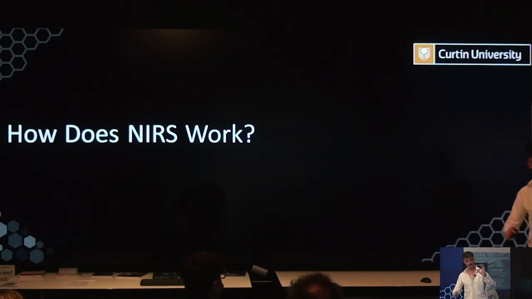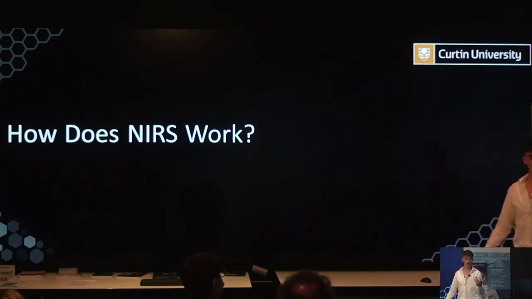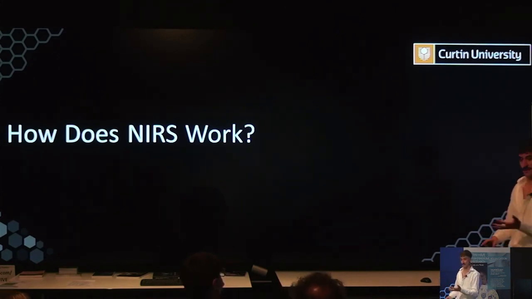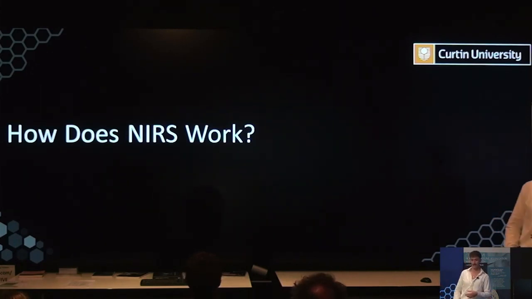Each one of these being tuned to be absorbed by either oxygenated or deoxygenated hemoglobin. So that allows us to track the changes of oxygenation within the blood, which of course changes as a result of mental workload. So we can actually take a look into brain activity through the lens of oxygen concentration using one of these devices.